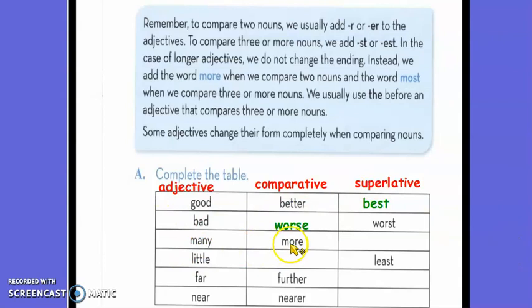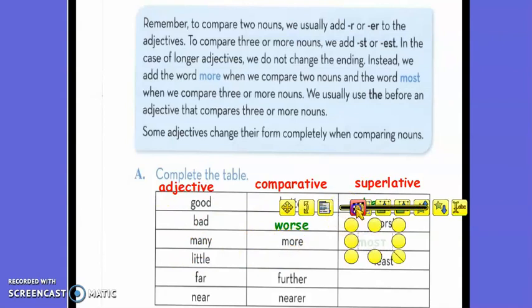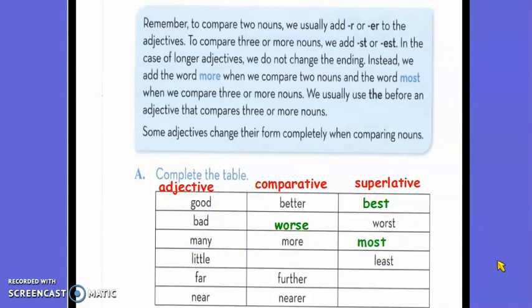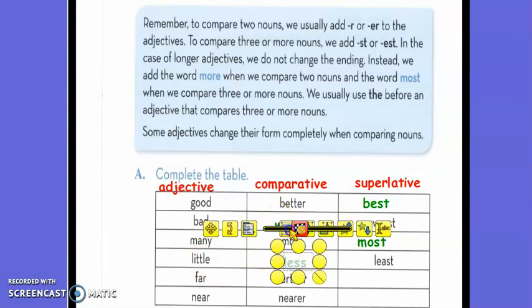Many, more, most. Many, more for the comparative form, most for the superlative form. Little, less for the comparative form, and least is the superlative form.